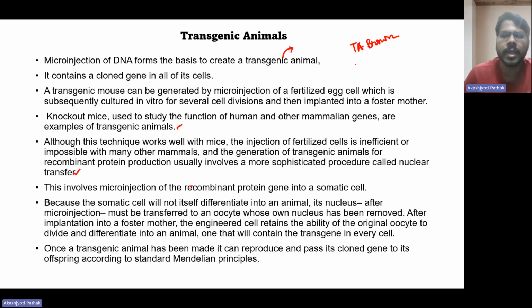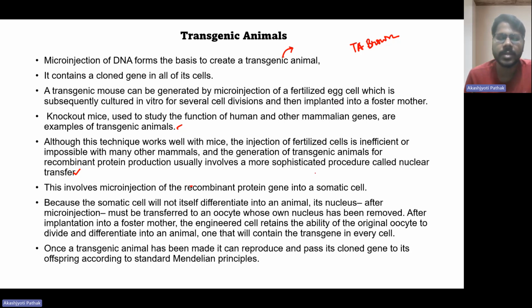If you inject a DNA or a nucleus into an oocyte, those two nuclei will fuse and give rise to a zygote. Then several processes take place which will not ensure whether the transgene that we have in the nucleus will be present in the zygote or the embryo being formed. So for this process, what is done?